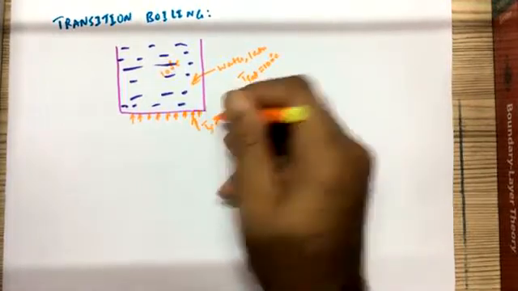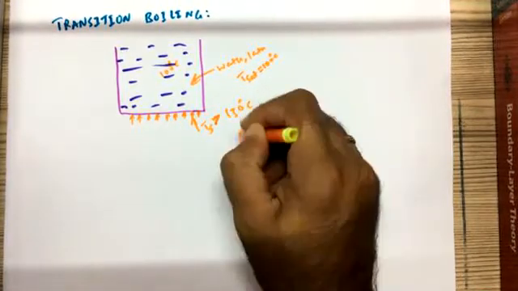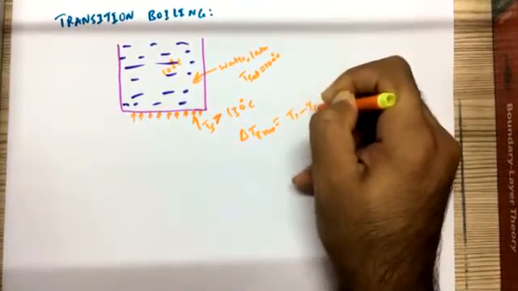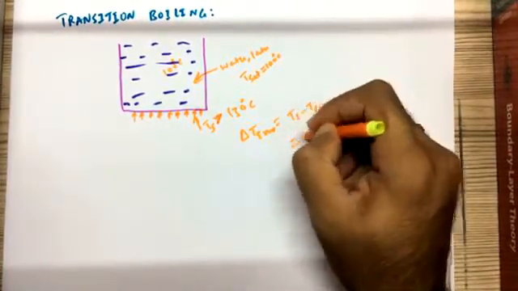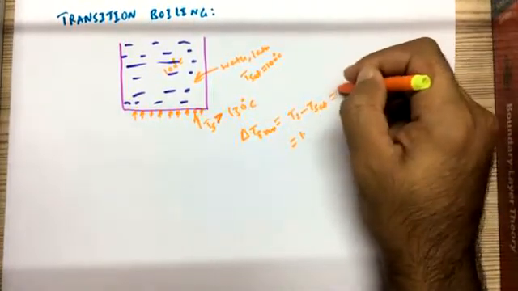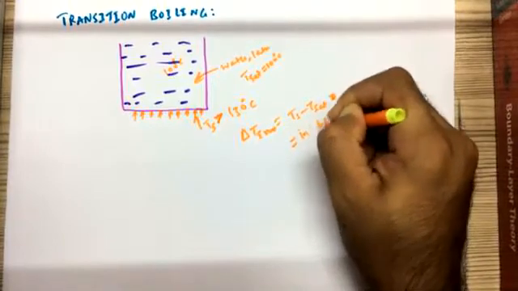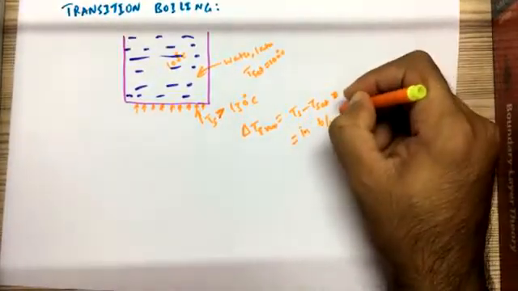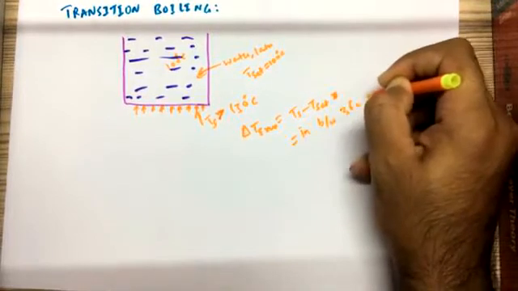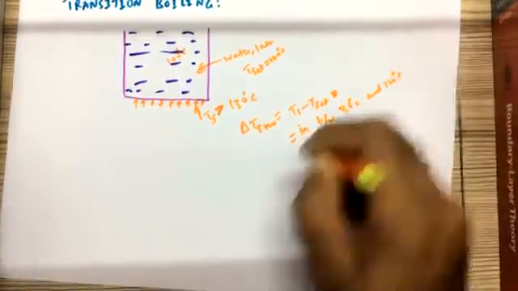So the excess temperature, which is Ts minus Tsat, should be between 30 degrees Celsius and 120 degrees Celsius.